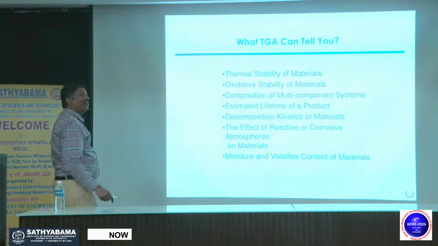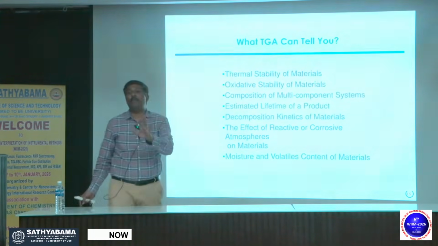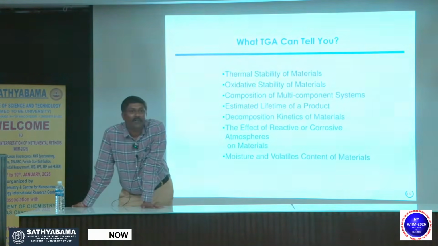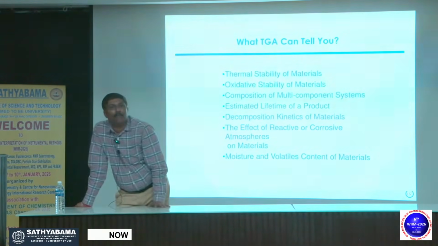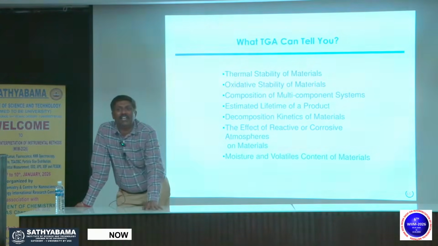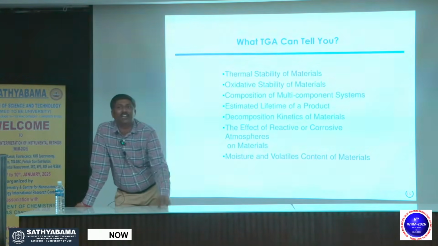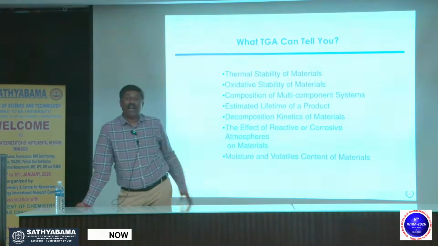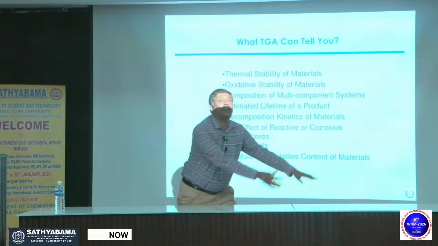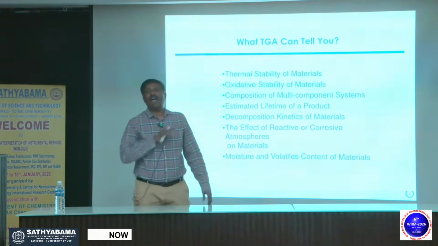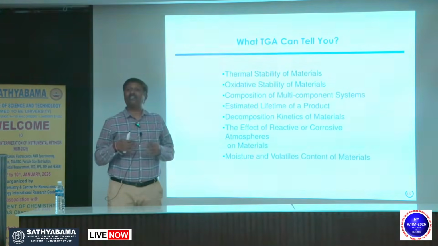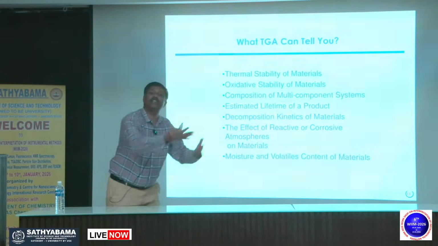How do you know moisture and volatile content? Let's say your sample's decomposition temperature is 600 degrees Celsius and you took 10 milligram sample. Suddenly after 80, you started decreasing, at 110, 10 milligram sample become 9 milligram. And from 110 to 400, nothing is happening. Flat. That means your sample is stable up to 400 plus degrees Celsius.